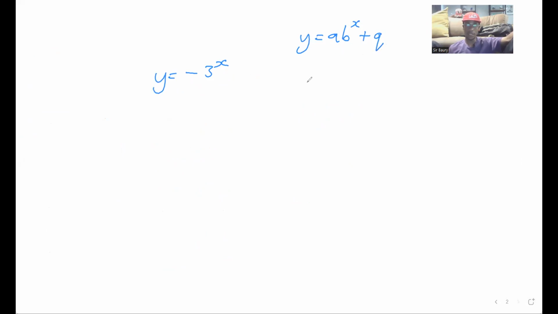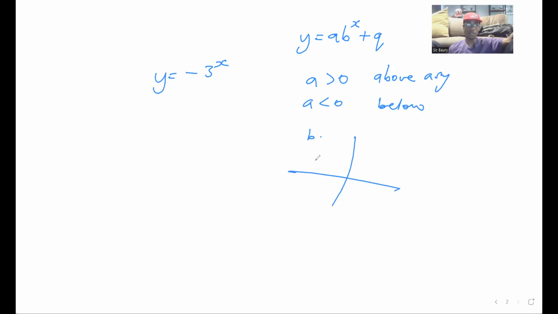So if a is greater than 0, the graph is going to be above the asymptote. Then if a is less than 0, then it's below. Then b will tell me other stuff. So if I look at this function, I'm having an asymptote. My asymptote is 0. So y is equal to 0.